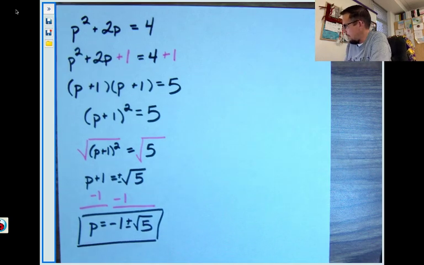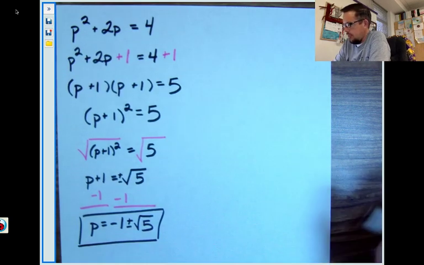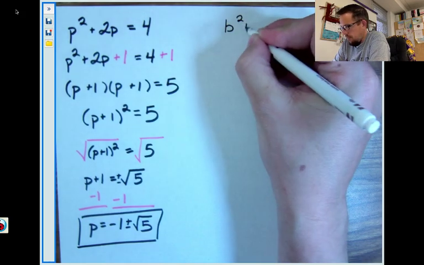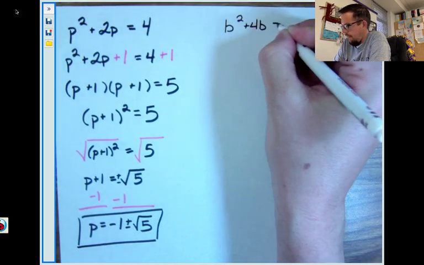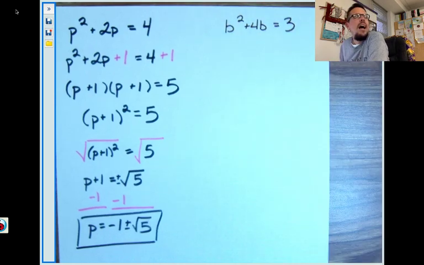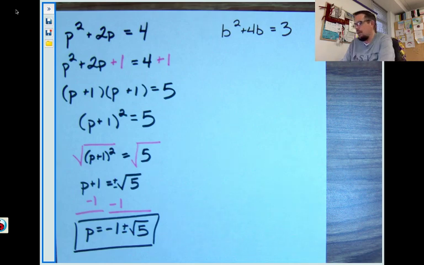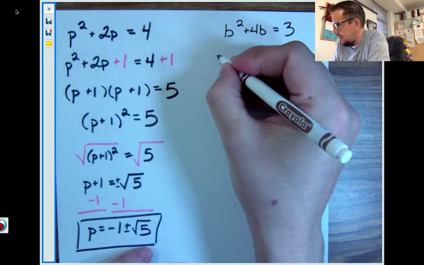So let me give you a similar problem. And I can tell you right now, with b squared plus 4b, adding 1 to both sides is not going to cut it. B squared plus 4b plus 1 is not a perfect square. It's got to be b squared plus 4b plus something.